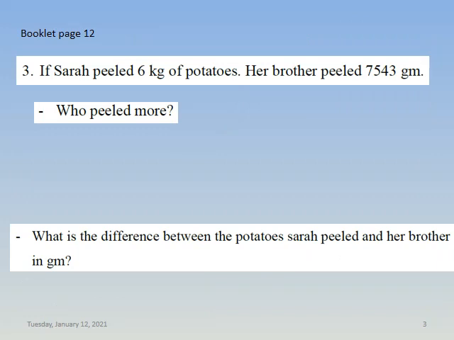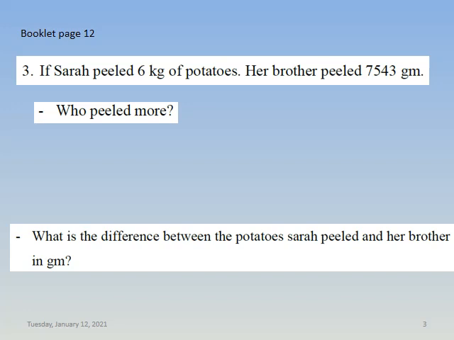Next example. If Sarah peeled 6 kilograms of potatoes, her brother peeled 7,543 grams of potatoes as well. Who peeled more? Again, in order to compare, I have to change one of them to the other's unit. So I will change Sarah's kilograms into grams. Now, we all know that 1 kilogram is equal to 1,000 grams.